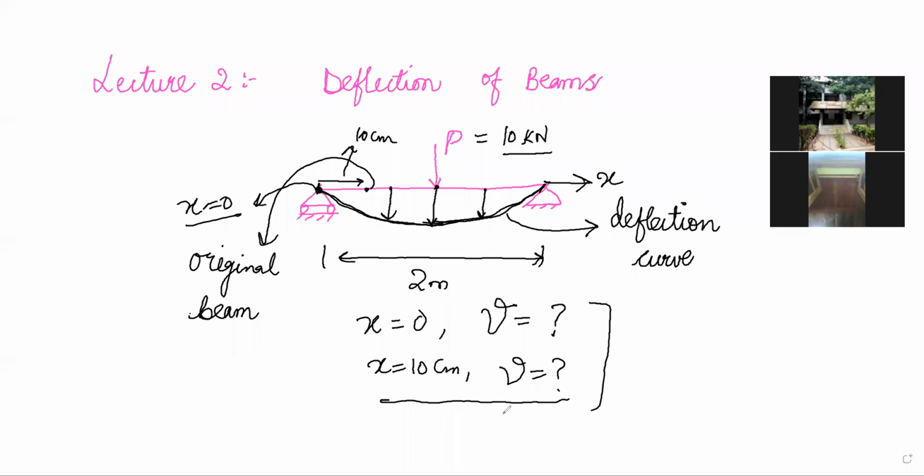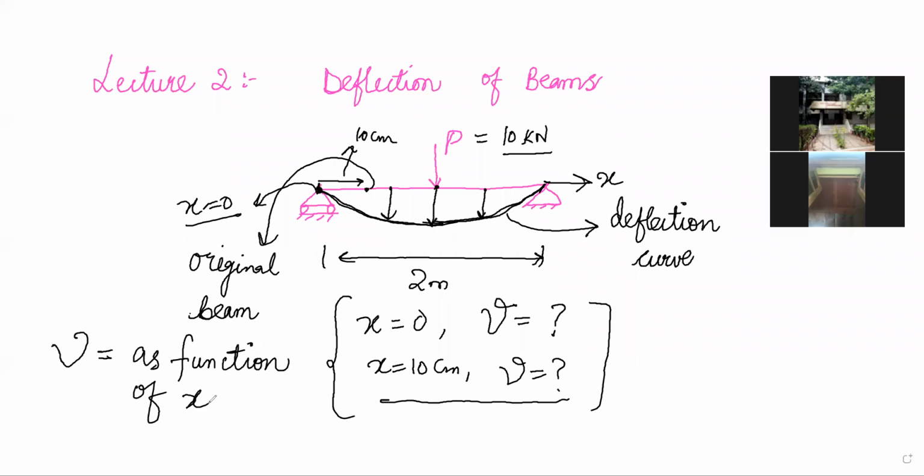So how to calculate it? This calculation is possible once we have nu, that is deflection, as a function of x. Once we have deflection as a function of x, then we can calculate this deflection.